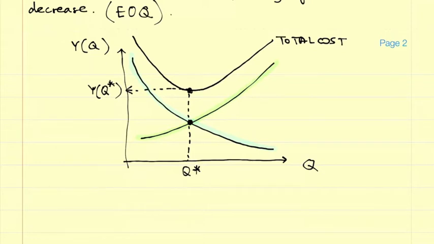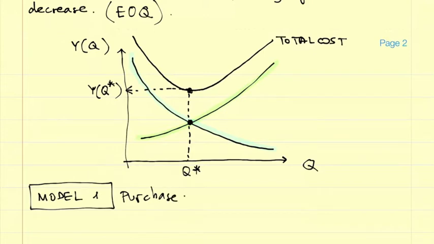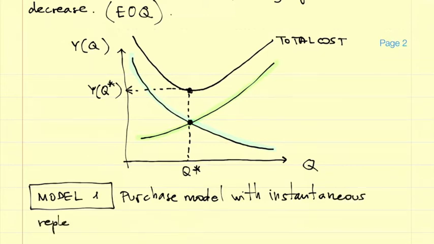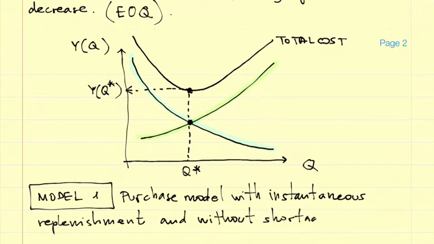So the model number 1 is the purchase model with instantaneous replenishment and without shortages.